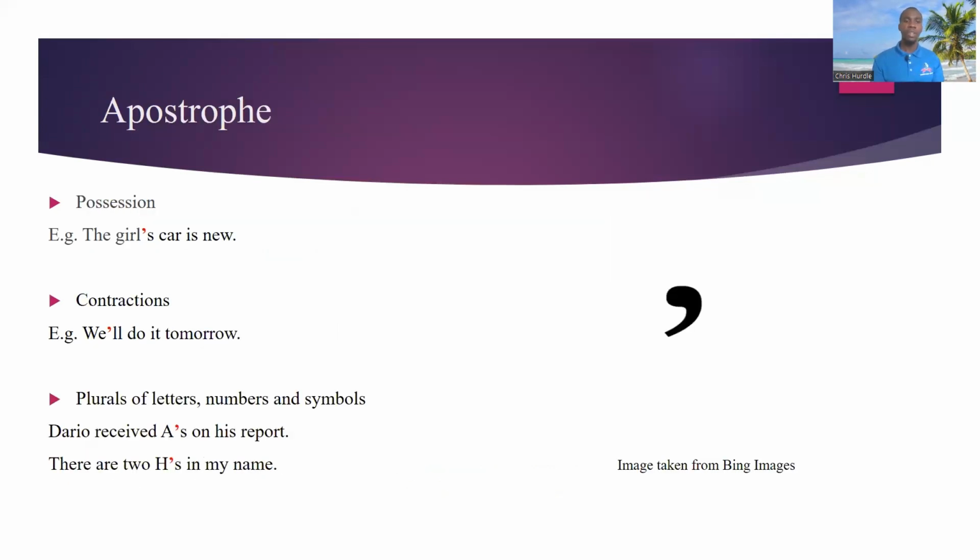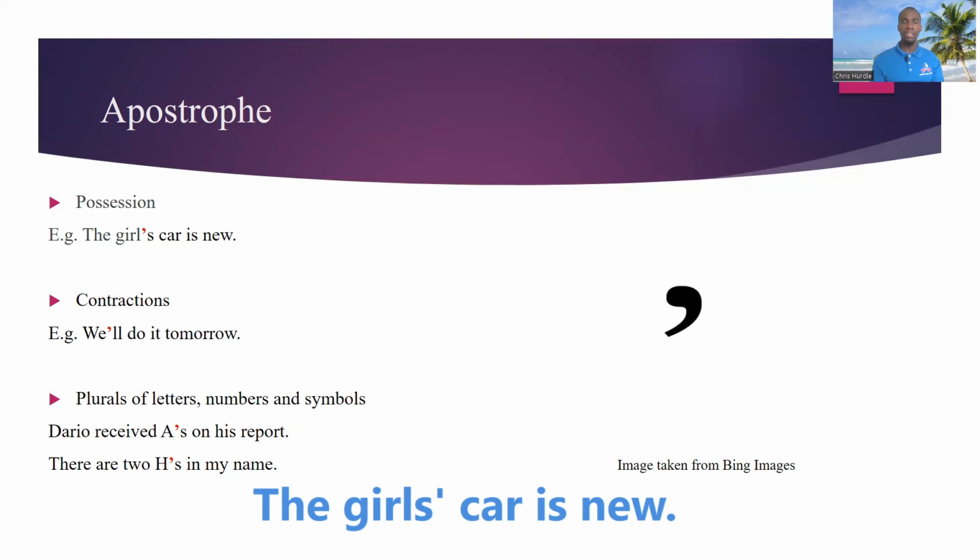Apostrophe. So the apostrophe has three uses. It can be used to indicate possession, right? So we add the apostrophe and then we usually would add S. Sometimes we just add the apostrophe if it's plural. So we could say the girl's car is new. And if we had it as plural, then the apostrophe would go after the S, right?